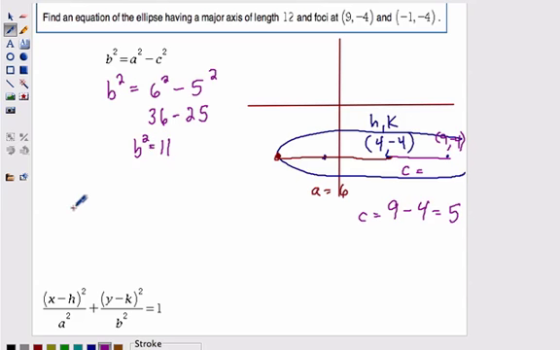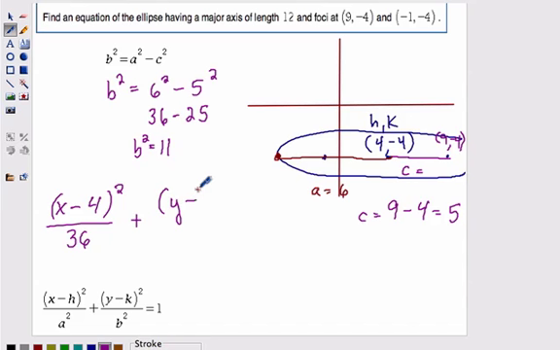Okay, so let's plug our information into our equation here. So the x coordinate of the center is 4, over a squared. And a was 6, so this is 36, plus y minus negative 4.